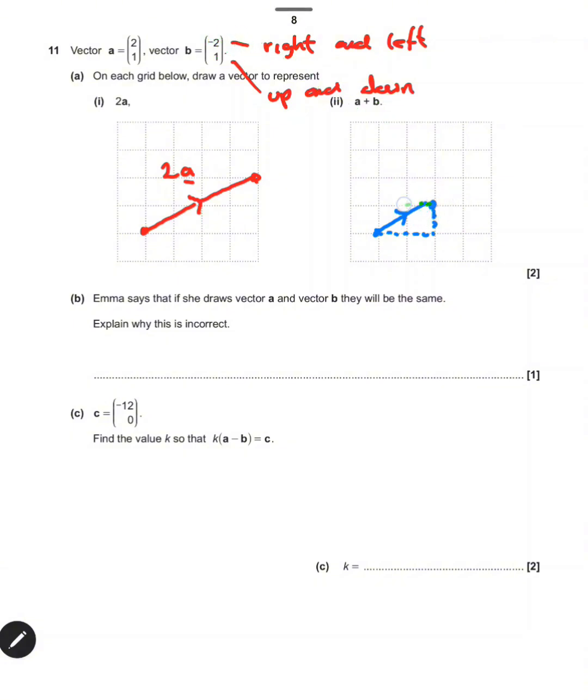So I'm going to carry on from where I finished, 2 left and 1 up, and this is where I finish. That is adding on B. If I remove all of these lines, then A plus B is just connecting start to finish. That is A plus B.